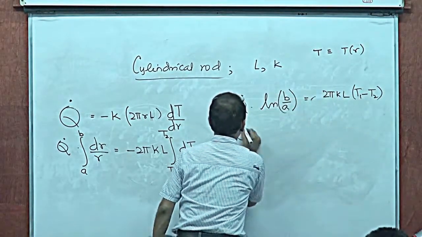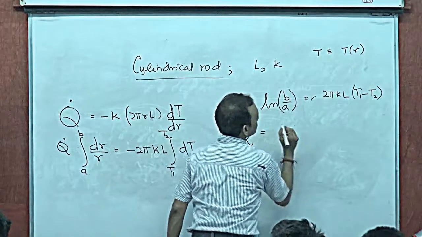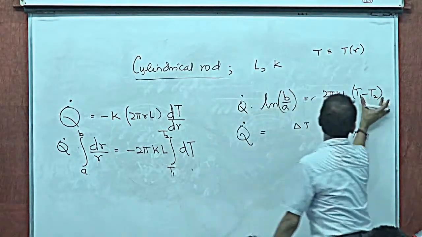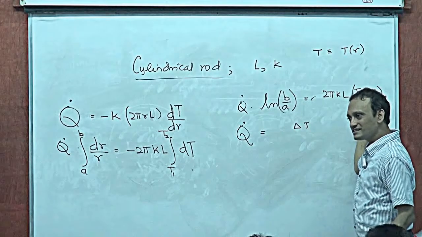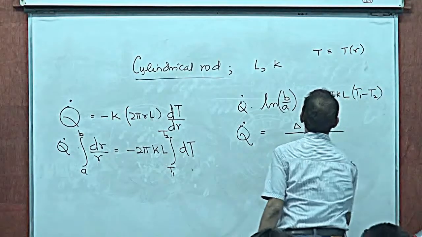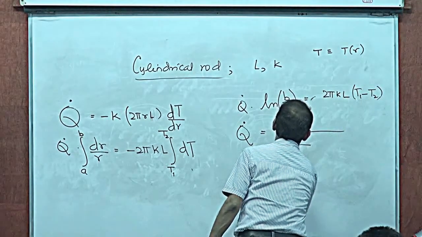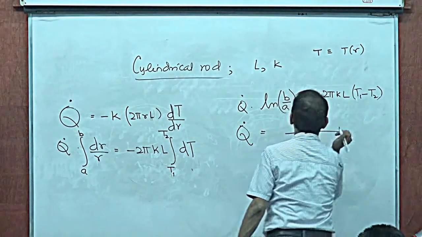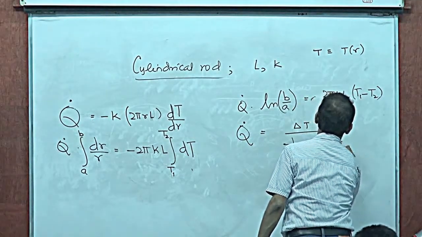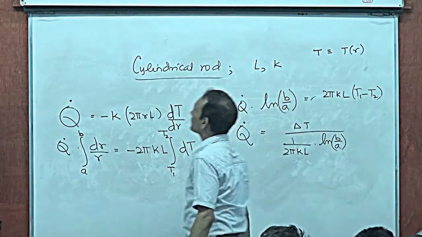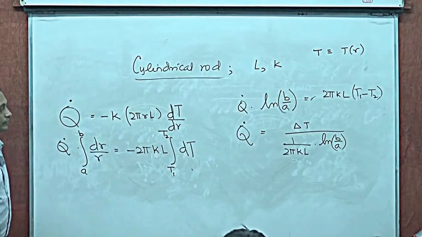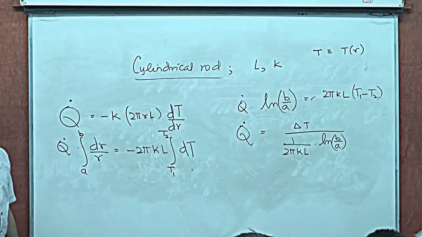Or Q dot is delta T, that's a potential difference, divided by 1 by 2 pi KL log B by A. Yes or no?